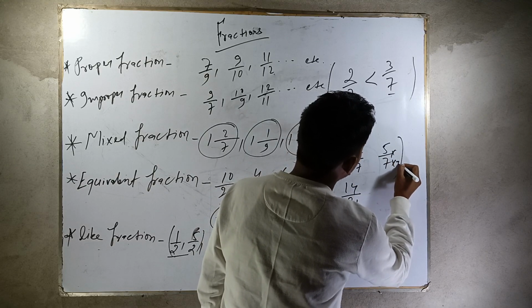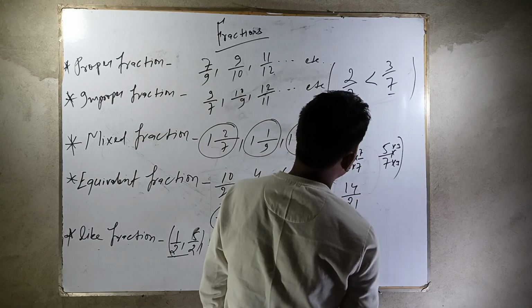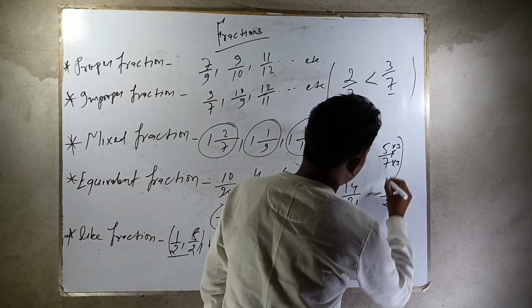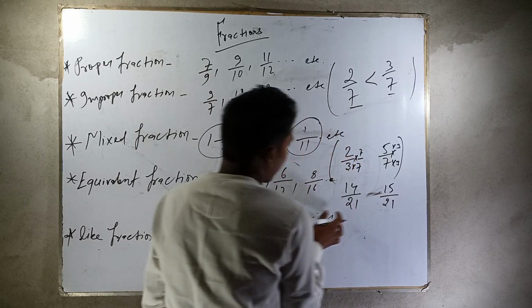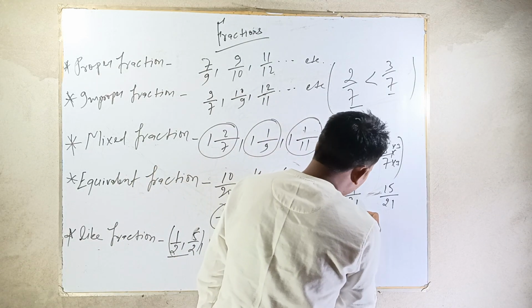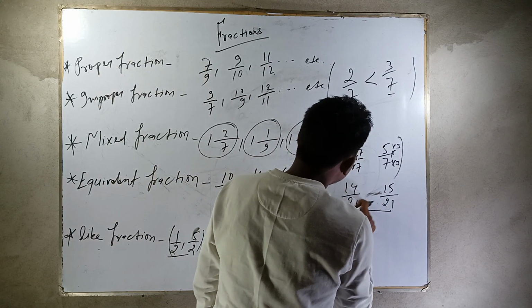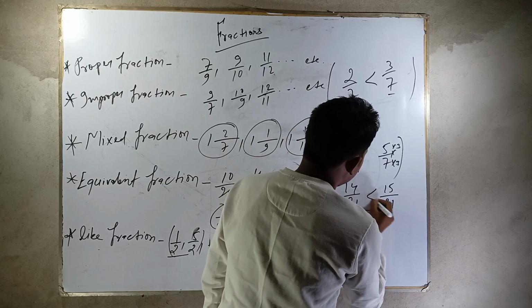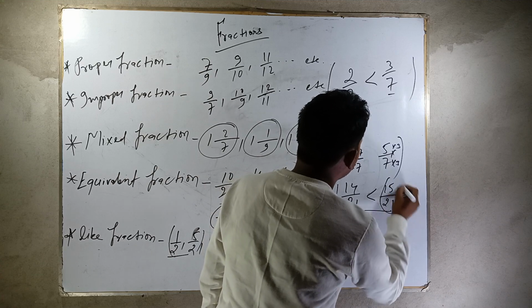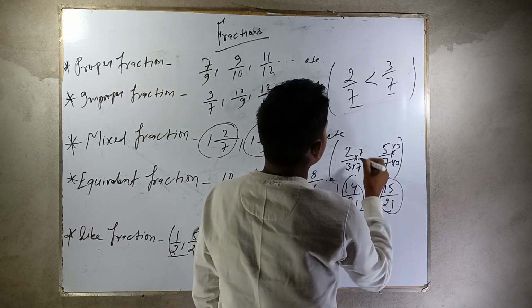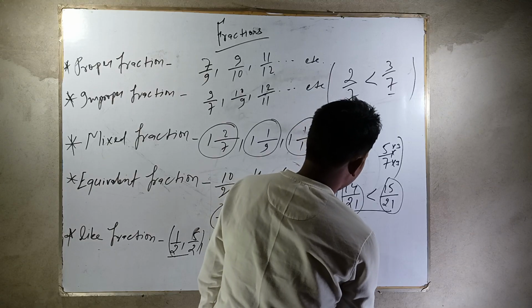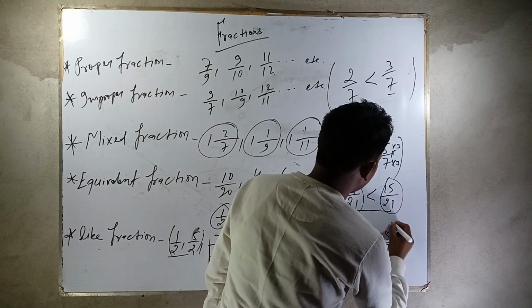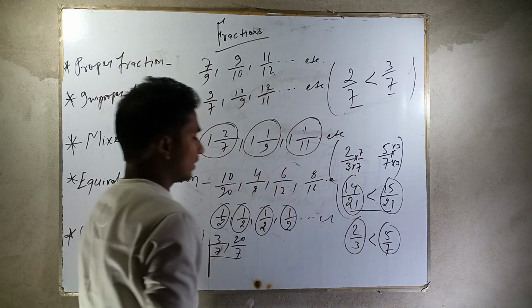This one is 3 and it will also multiply with 5, so now this one is 14 by 21 and this is 15 by 21. Both denominators are the same, and we say that 15 is greater than 14, so this one is greater than this one. That means 5 by 7 is greater than 2 by 3.